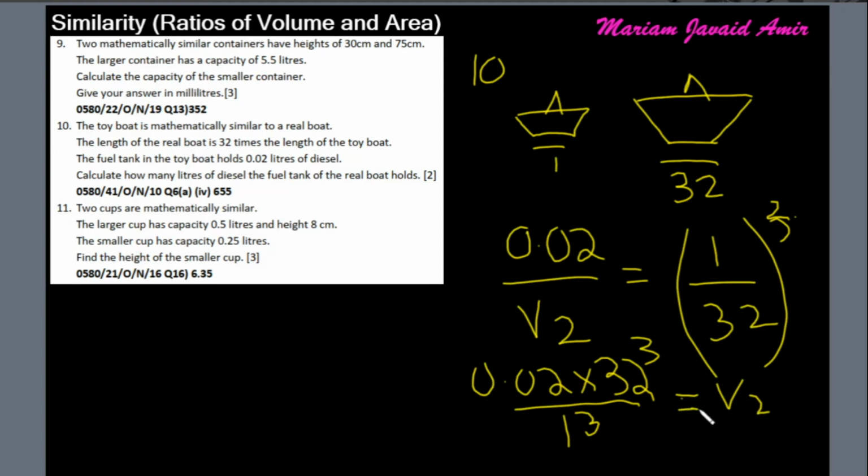So what do we get here? 0.02 times 32 cube over 1 is giving me 655.36 liters.